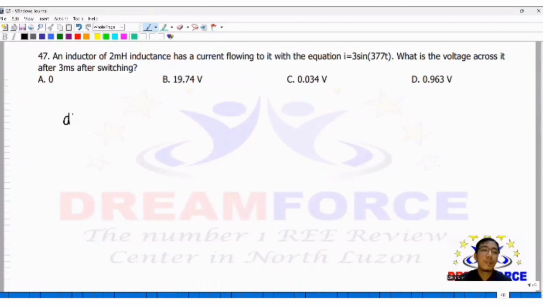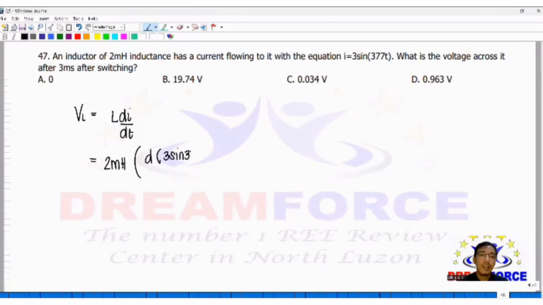Okay, ang voltage po across an inductor with respect to your time t is defined as this one. Voltage across an inductor, so V_L, that is L times the rate of change of the current. Okay, ano ba yung L natin? 2 millihenry. Ano ba yung di/dt? I-derive mo yung equation ng i. So derivative ng 3 sine of 377t with respect to time t. Yung value ng t is 3 milliseconds.